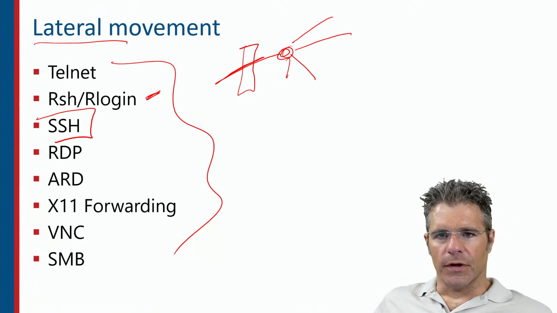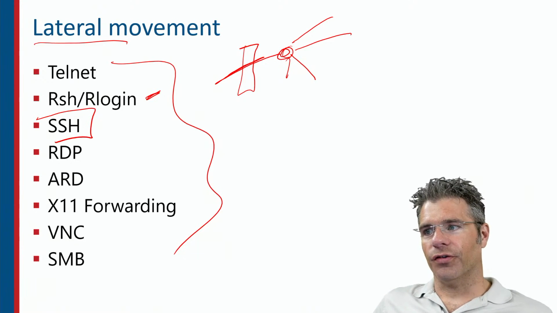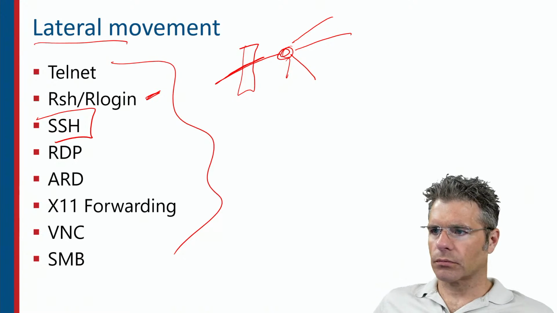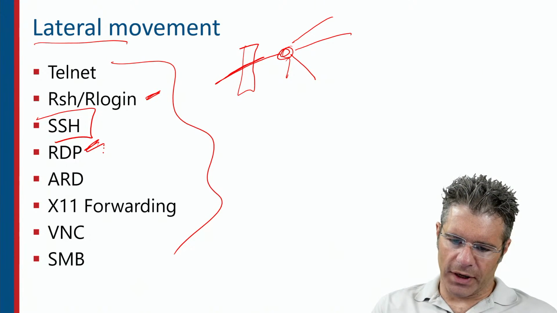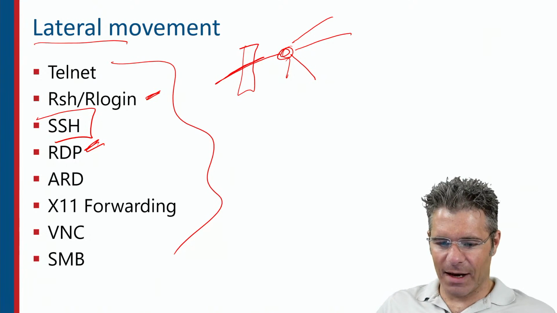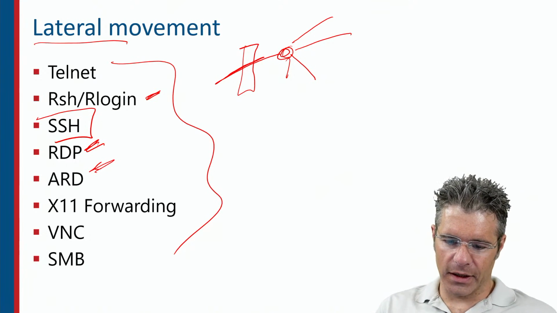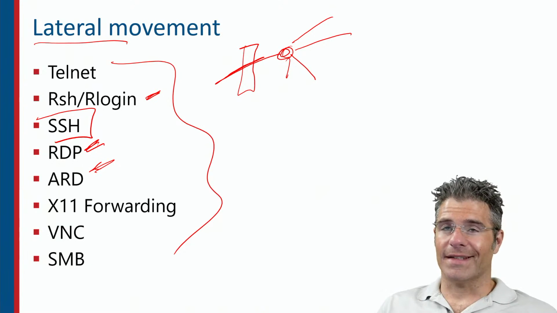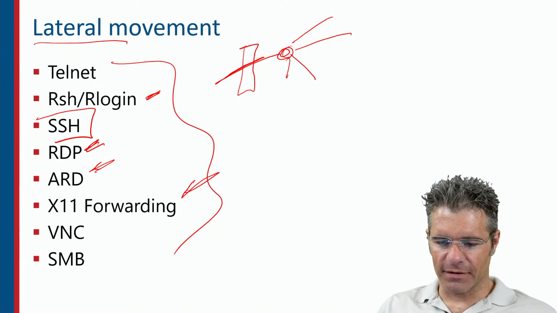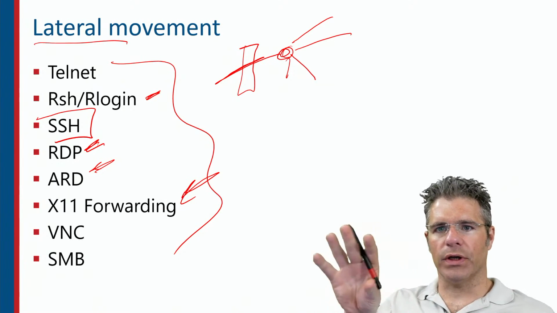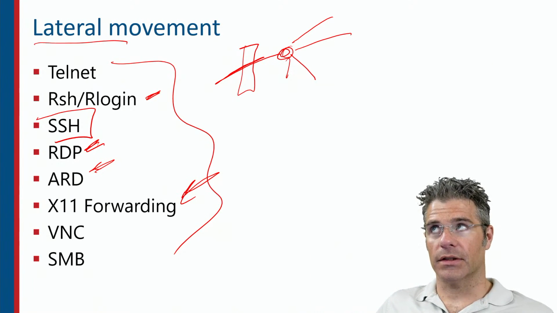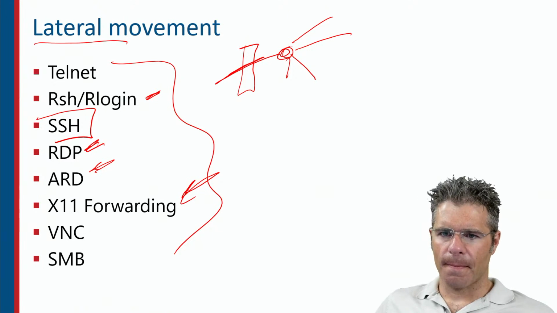Speaking of, the secure shell, if you've got credentials to log into something, great. You also have to watch out for the remote desktop protocol, or ARD, I believe that's Apple's desktop protocol. X11 forwarding is how you forward X Windows, which is the GUI system for Linux.